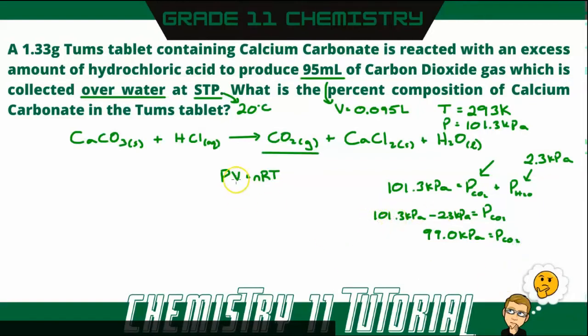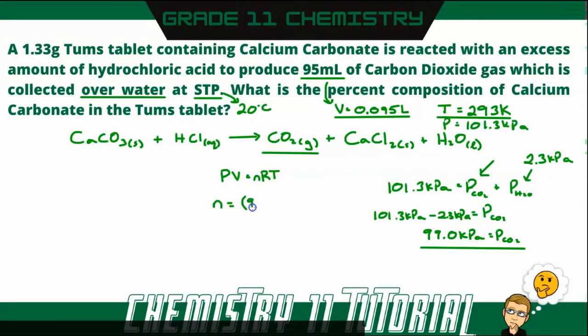So now we know everything we need to know. We know pressure, it's right here. We know volume, it's right here. We know our gas constant. And we know our temperature in Kelvin. So I can rearrange to solve for the number of moles, which will be PV over RT.